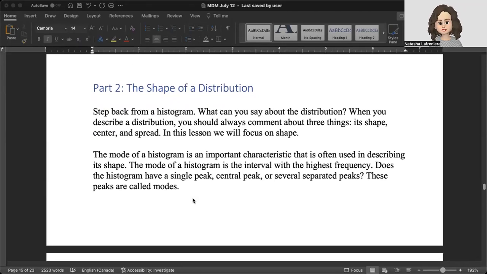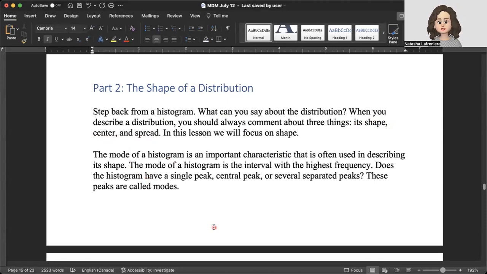So when you describe a distribution, you should always comment about 3 things. So it's shape, center, and spread. Okay, so in this lesson, we will focus on shape.